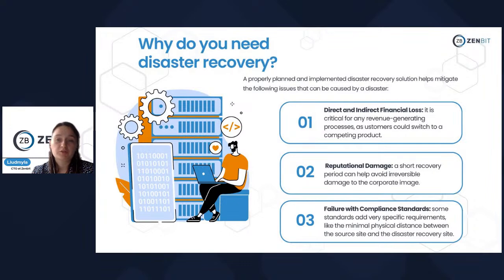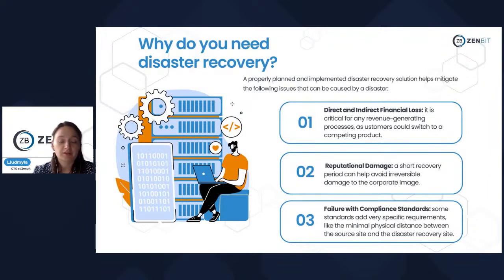The impact of direct financial loss is mostly relevant for applications that are critical for any revenue generation process. For example, external facing IT systems that are provided to customers for a fee, or internal IT systems that process data relevant for revenue generation. Indirect financial loss includes, for example, customers switching to a competing product, and the cost of work needed to resume normal operation after the disaster is over.